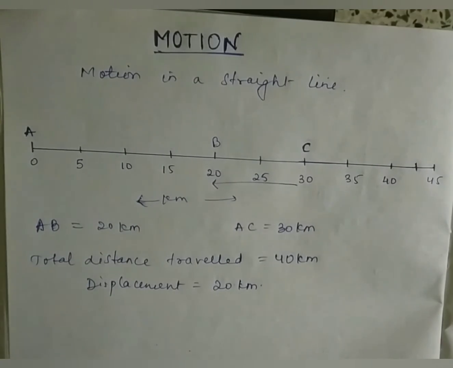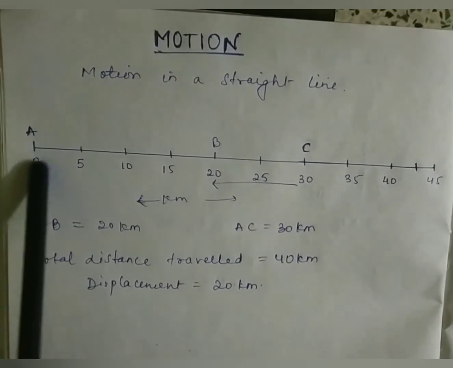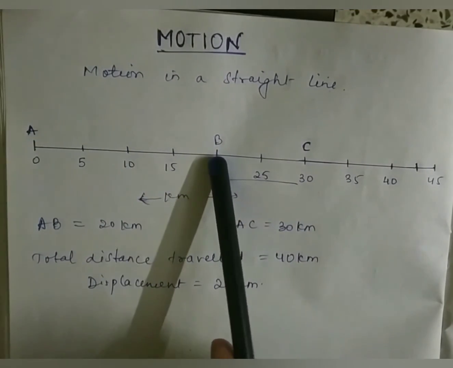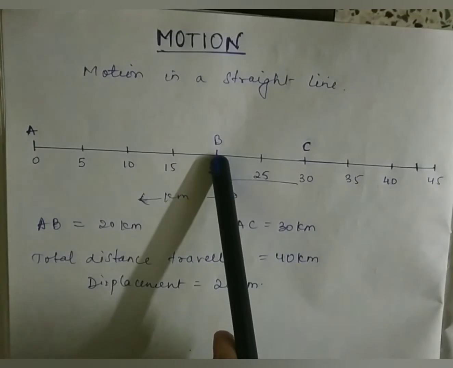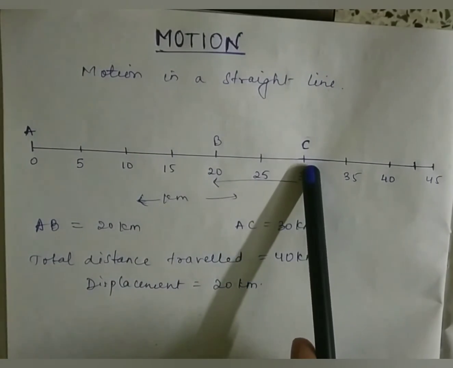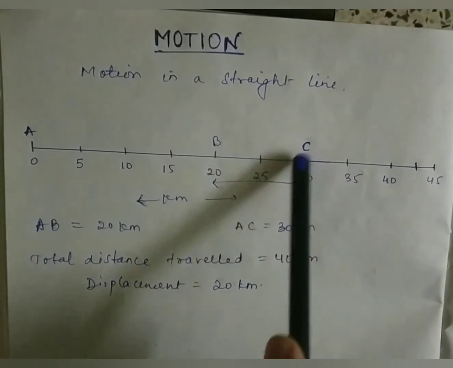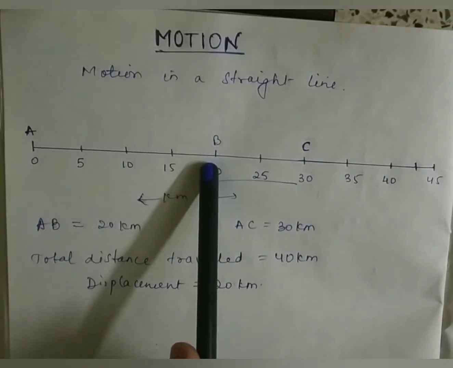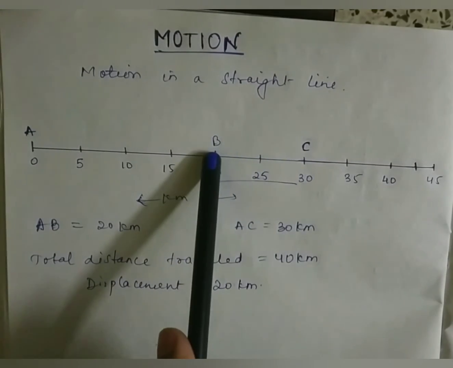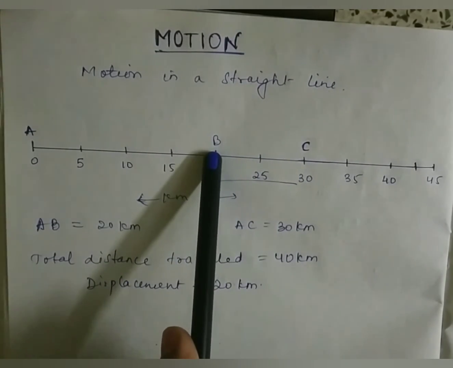I'm repeating once again. You started from point A, you traveled to point B, which is 20 kilometers apart, and then again you traveled to point C, which is 10 kilometers apart, and then from point C you traveled back to point B. So the total distance traveled by you is 40 kilometers.